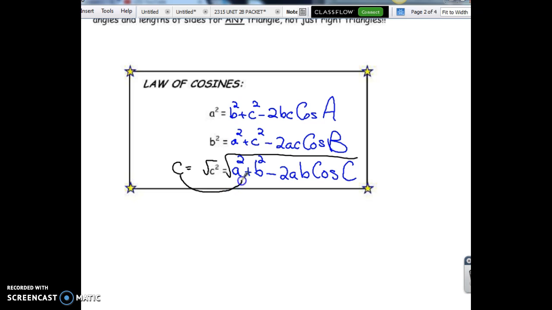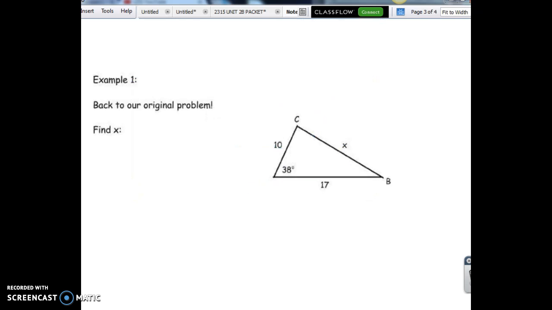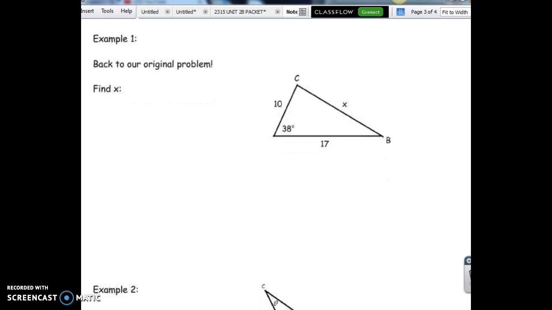So C is going to equal all of that. All right, so let's go to our problem. Here's our problem here. And if we're solving for side X, we've got to take the square root of it. That's exactly what we just did a second ago.